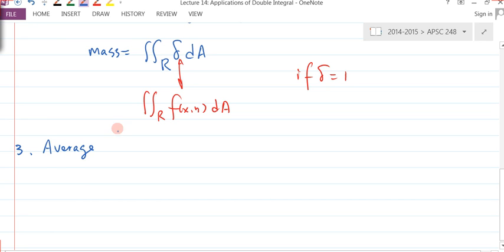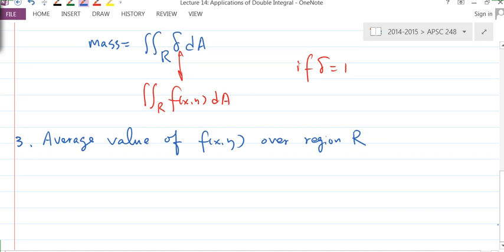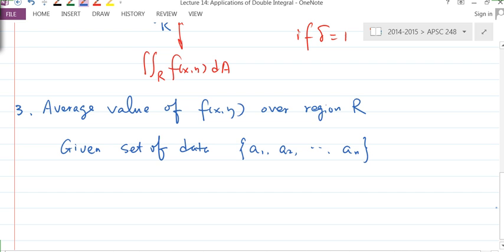We call that the average value of a function f of x, y over region R. Let me start with a simple idea first, and then we'll derive this so-called average value of a function f over region R. If you remember, if I give you a set of data, let's say A1, A2, up to An, you have n numbers here, and the question is, what's the average of this set of numbers?